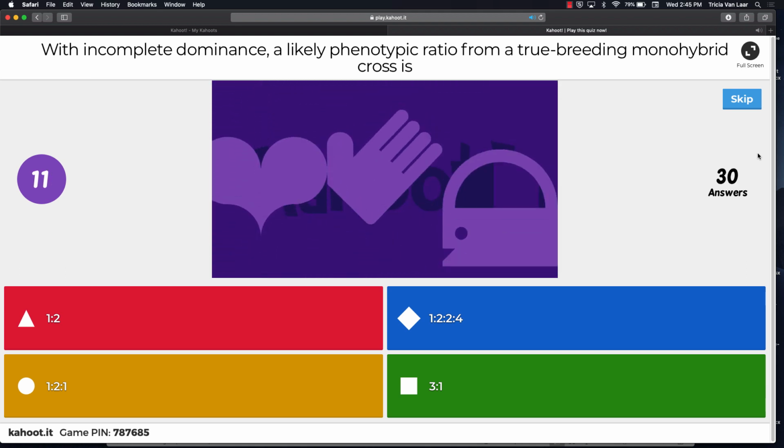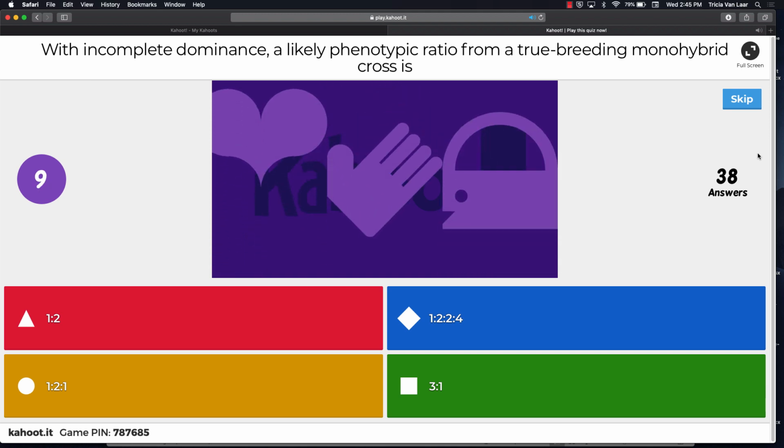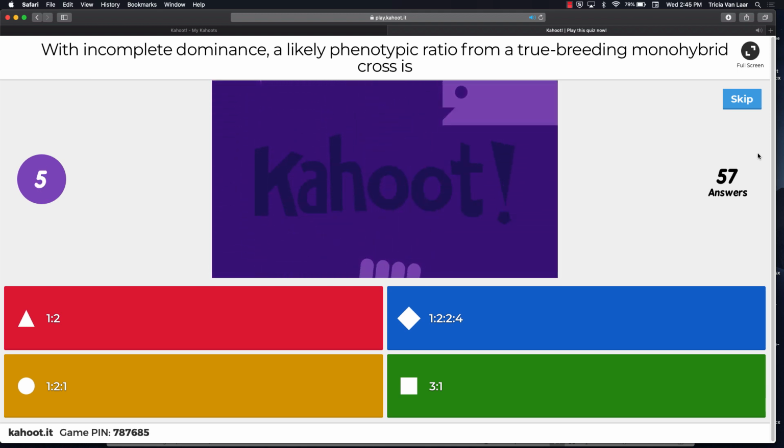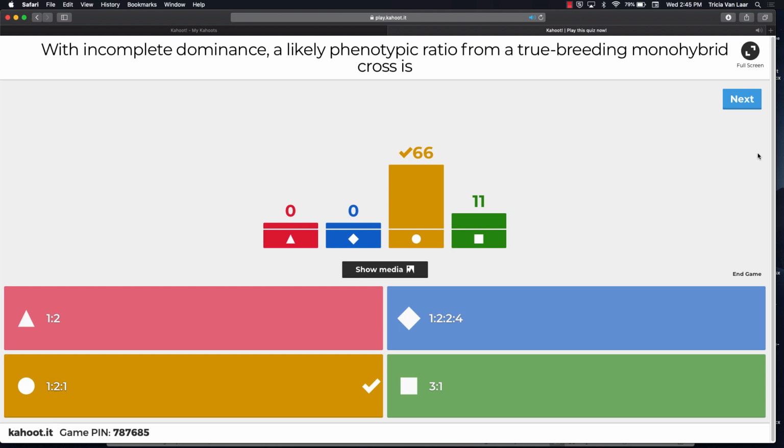You've got 10 seconds left. Good. Because you're going to have one homozygous dominant individual, right? And you're going to start to see the heterozygotes, and they'll be pink.